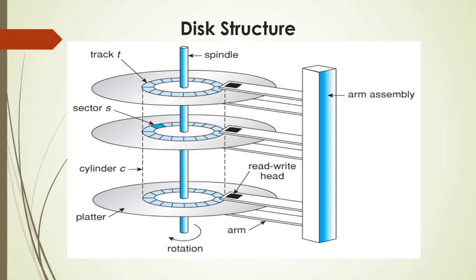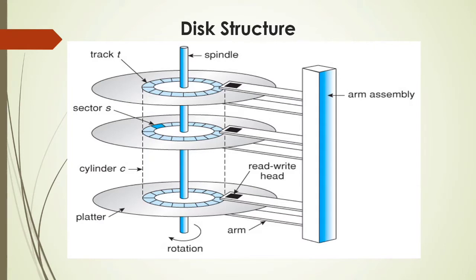In this, each disk alignment has tracks and sectors, which form a cylindrical portion. Each track of a platter is arranged in such a way that it forms a cylindrical portion, and each track has its own sectors.